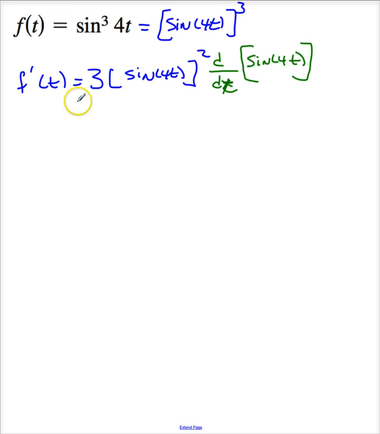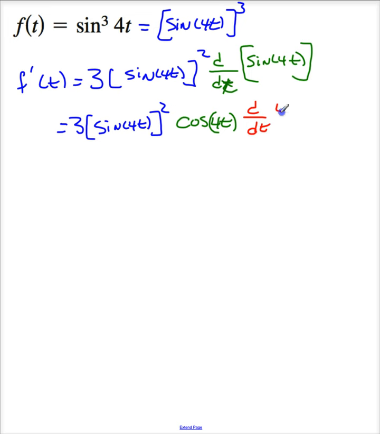So this first part just keeps coming down. 3 times sine of 4t, quantity squared. Now, what's the derivative of sine? The derivative of sine is cosine, and I'm being careful with my brackets here, times the derivative of what's inside. Derivative with respect to t of 4t.